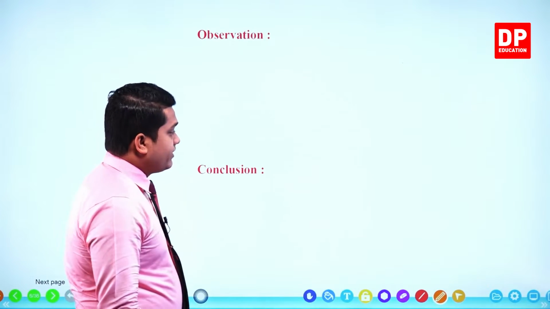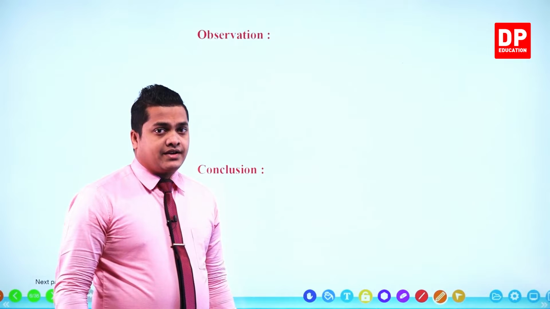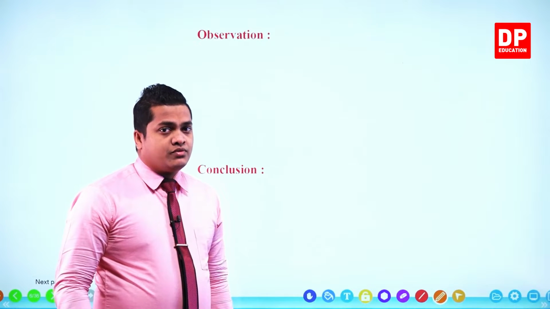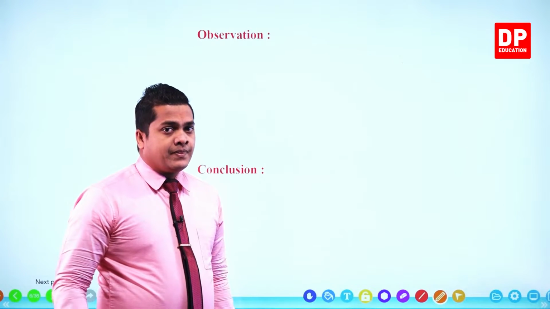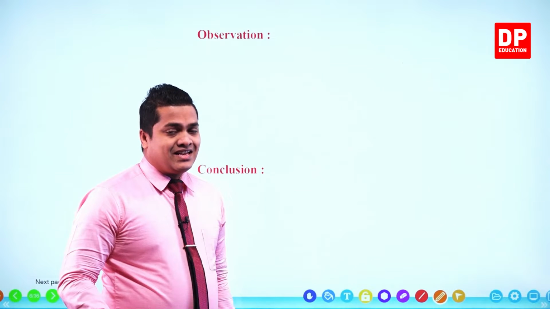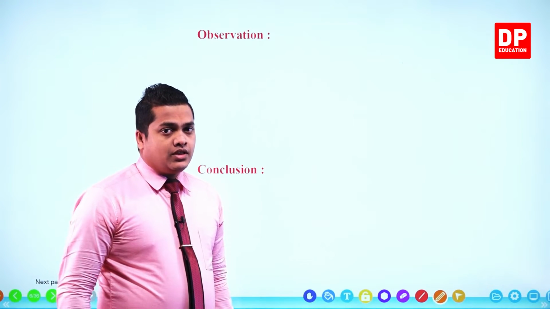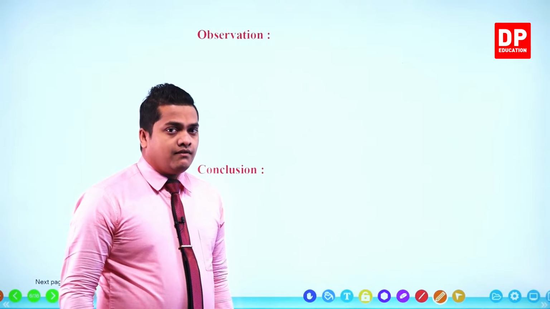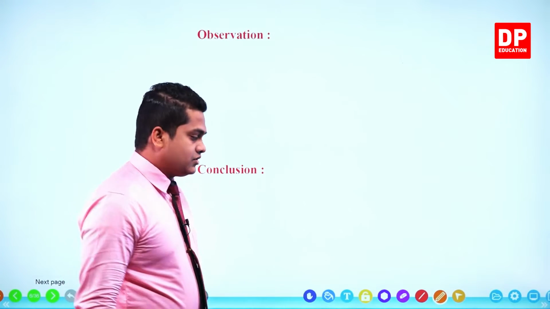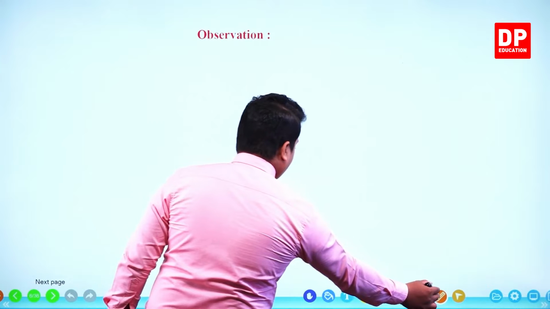So my dear children, we'll be writing down our observation from the activity. Our observation was quite simple. Nichrome string is heating very fast compared with the copper wire or the copper string. So we can write like this.